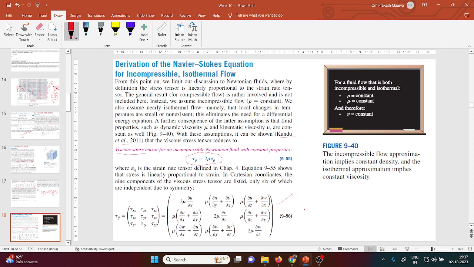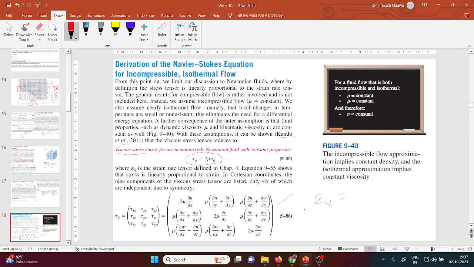And tau ij is related to epsilon ij, the strain rate tensor, which we discussed in the previous classes, I think when we were studying the dynamics chapter, but it was discussed.